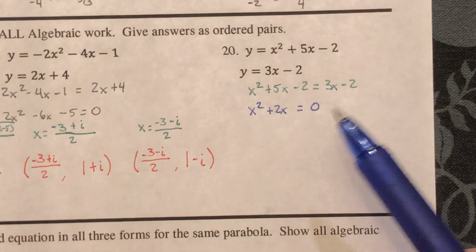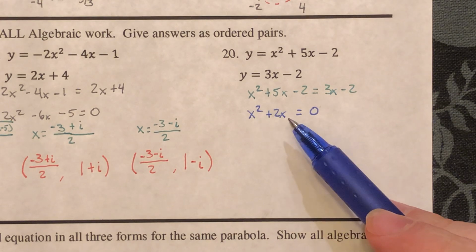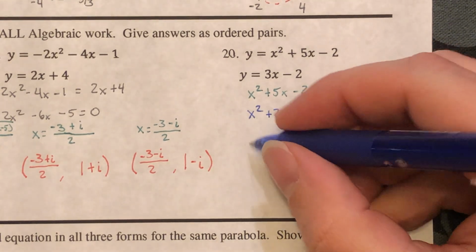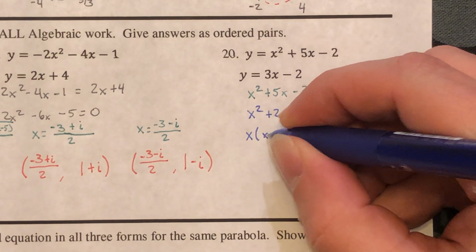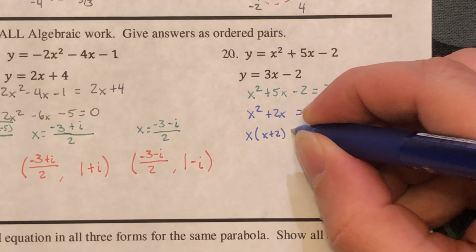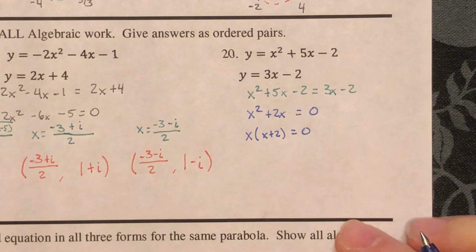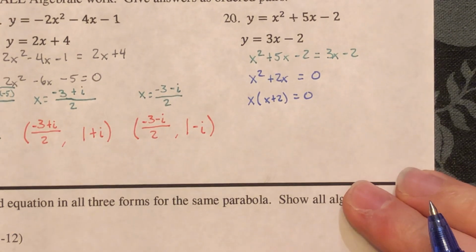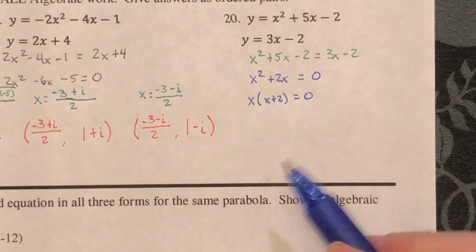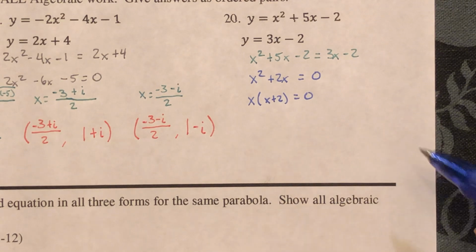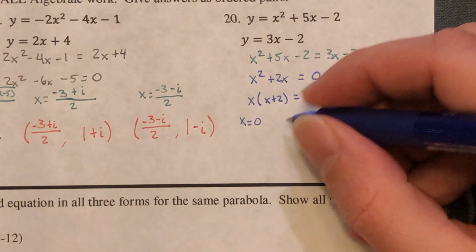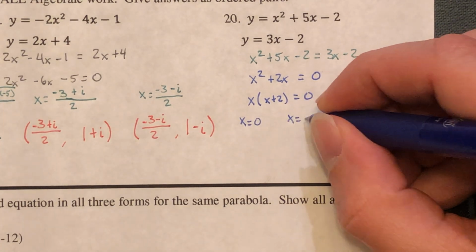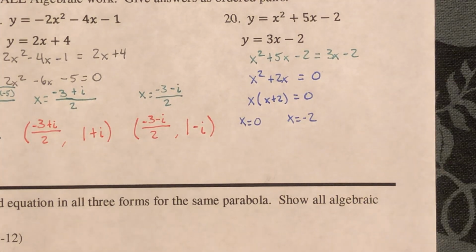So here, I can factor an x out of both of these. So I have x times (x plus 2) equals 0. This is the factored form. So I'm going to set each of those factors equal to 0. And I say x equals 0 or x equals negative 2.